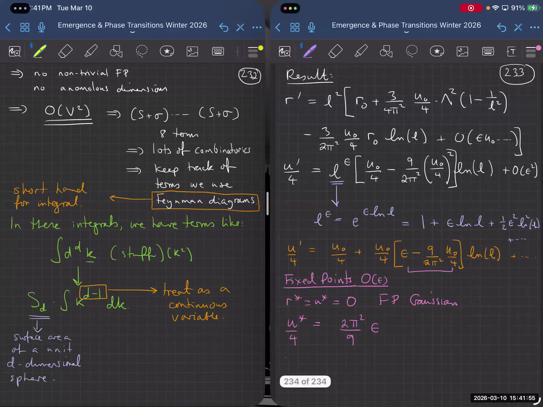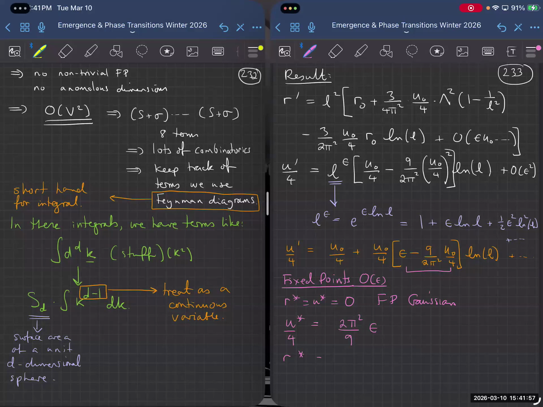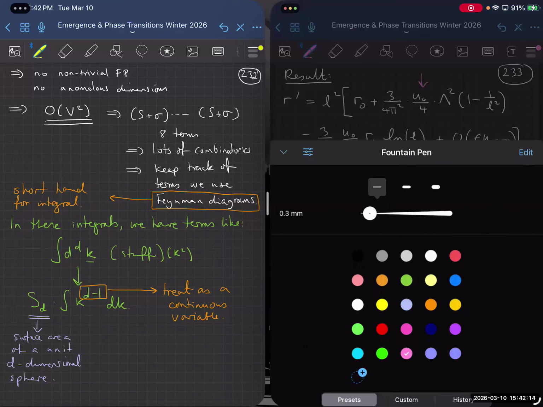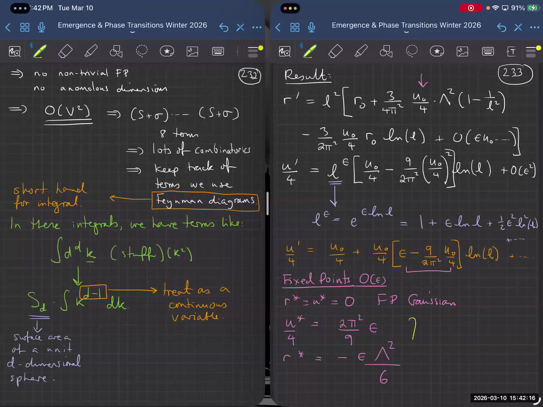And then the corresponding R star is equal to minus epsilon lambda squared over 6. So I find the U star fixed point, then I put that in here for the R prime, find the fixed point, and so I get this thing. And this result has a name. This is known as the Wilson-Fisher fixed point.